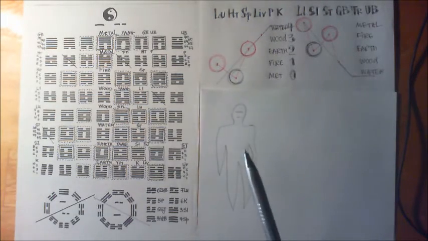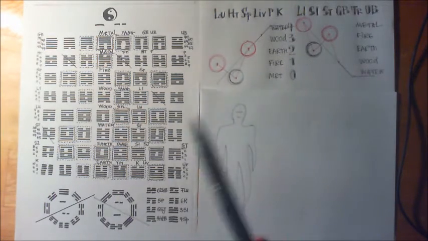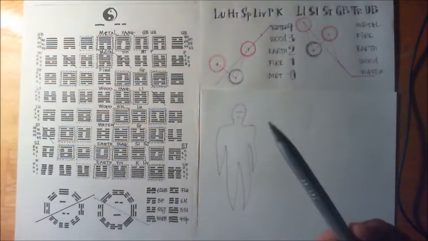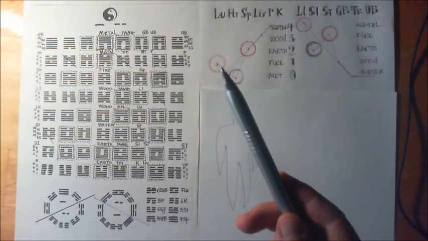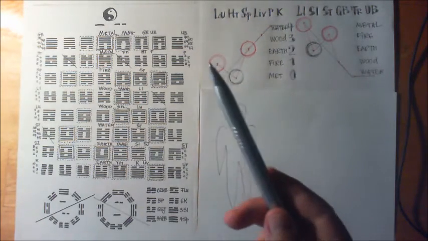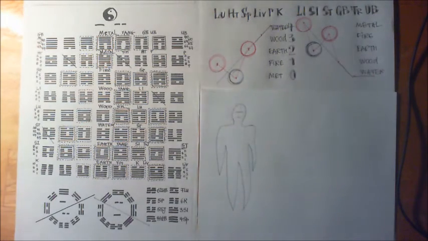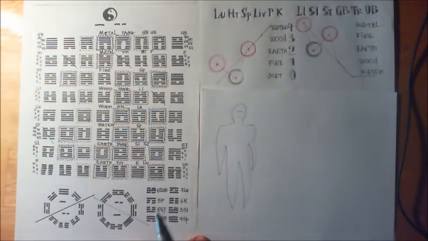So for example, we have the pulse map of the patient, and what we can do is treat some meridians first of all. For example, we want to treat the meridian of the lung, which now is in excess. We have a patient with some issue with the lung meridian.